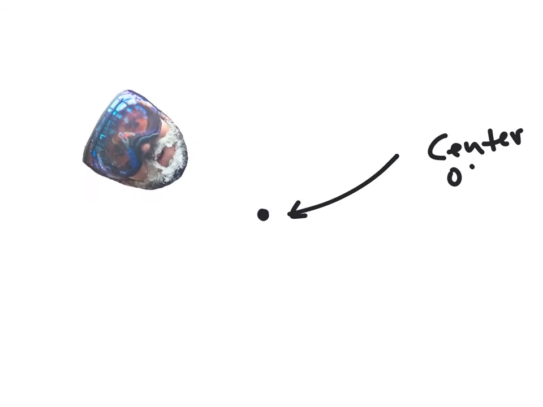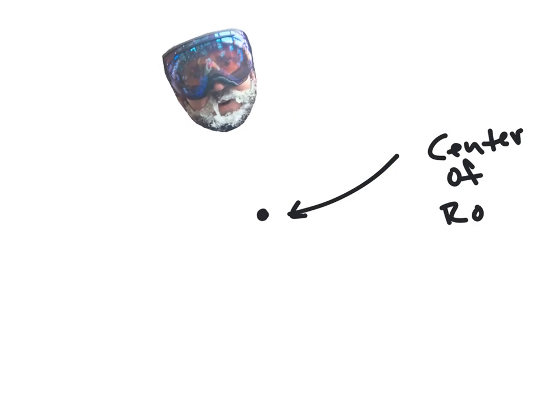What I want you to see is that my face goes around my center of rotation, and that my orientation changes as we move around. My chin is always pointed towards my center of rotation. And I'm going to write that this is the center of rotation.